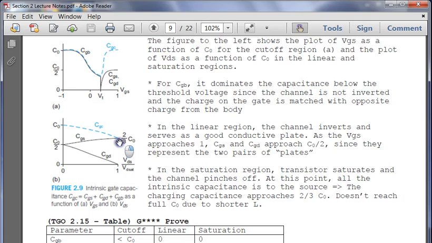At this point, all the intrinsic capacitance is at the source. Therefore, the charging capacitance approaches 2/3 C0. This doesn't reach a full C0 due to the shorter length. Remember, we talked about C0 as width times length. Now we have this channel decreasing due to it being pinched off, so we are going to deal with a reduced capacitance.